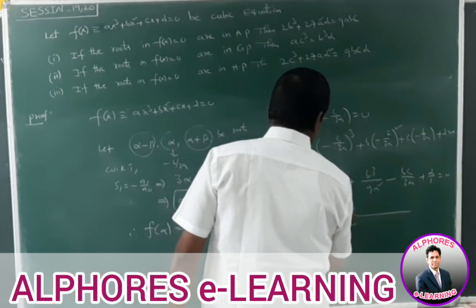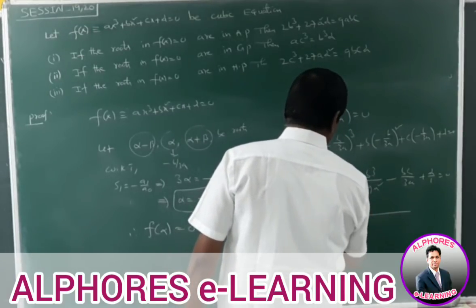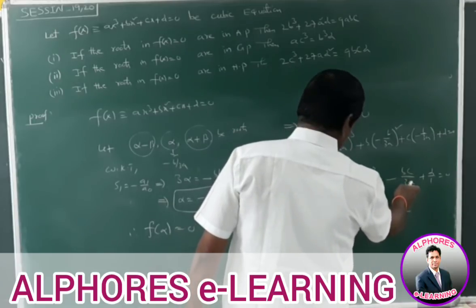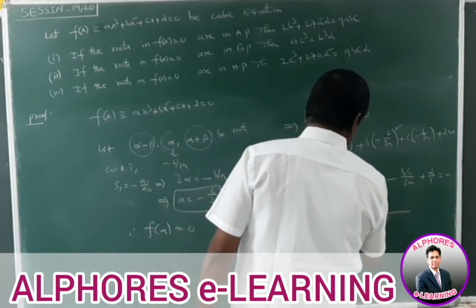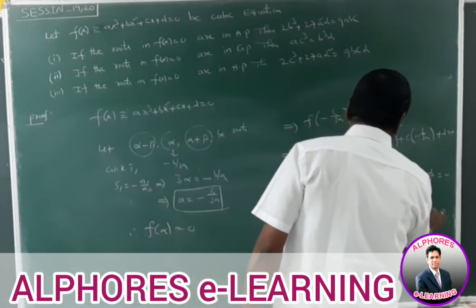Minus b cube plus 3b cube minus 9abc plus 27a square d is equal to 0.